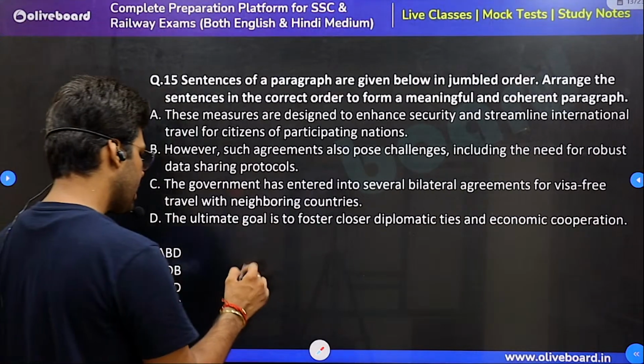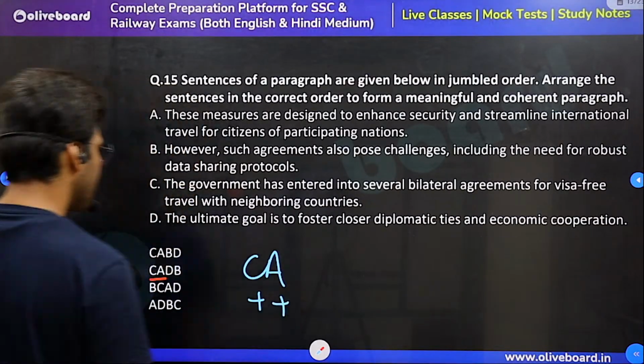Okay, C and A together, and both are positive statements.